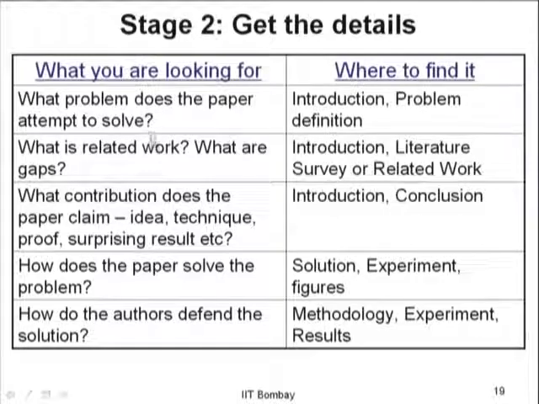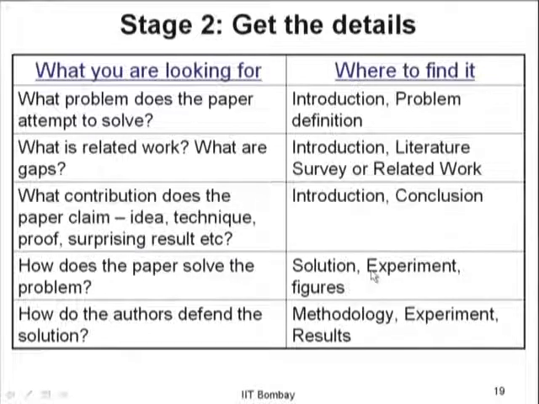For example, on related work, you have to try to find the literature survey or the related work section. Most of the times you will find an entire section either labeled literature work or literature survey or related work. You may sometimes find it as part of the introduction also. How does the paper solve the problem? This is the central part of the paper that we have skipped so far.